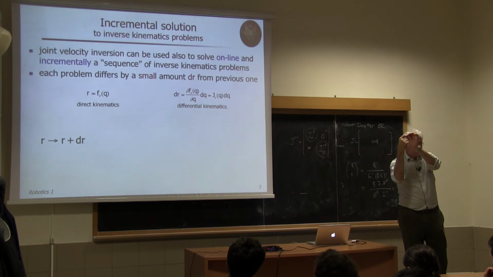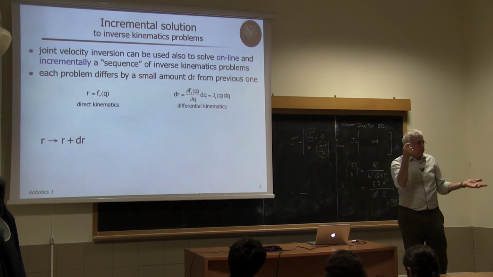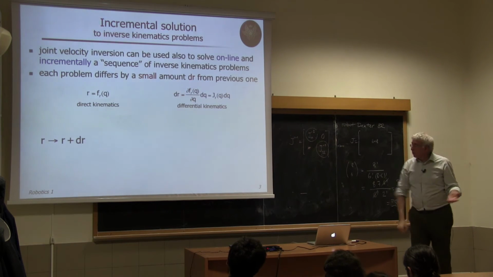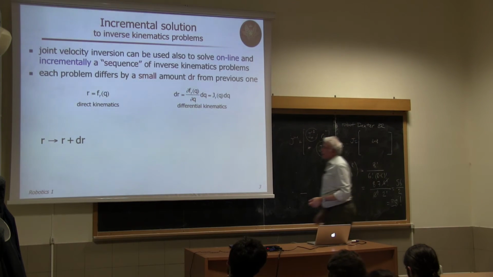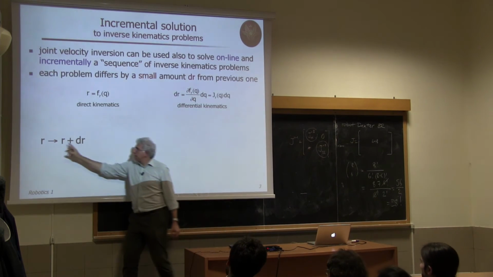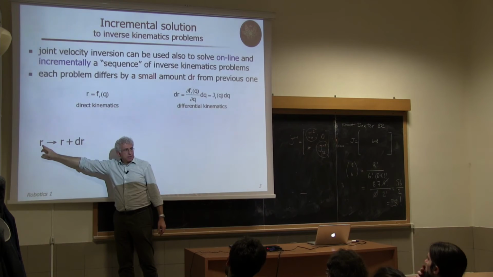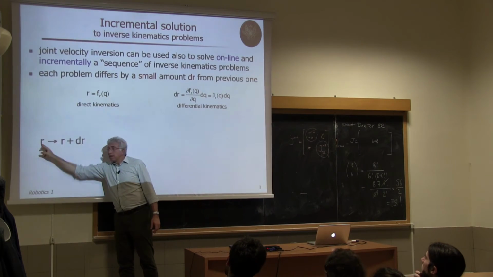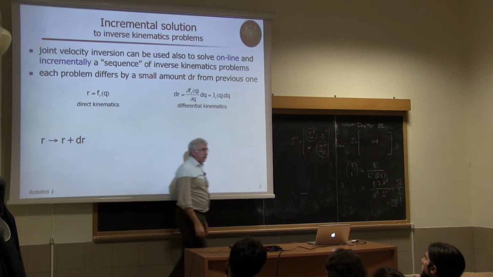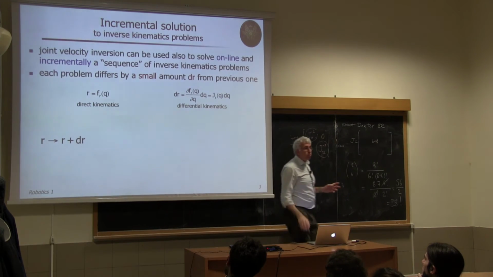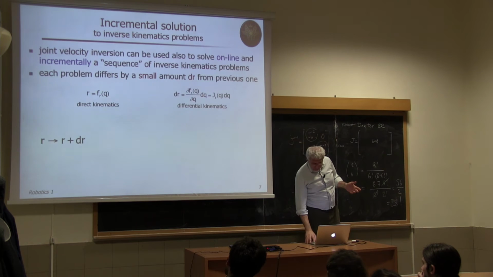So it's not the same R, but it's R plus delta R, with delta very small, so infinitesimal. And I have to solve the problem again. When the next problem is inverting the same task but close to the previous one, then you can follow two possible implementations.